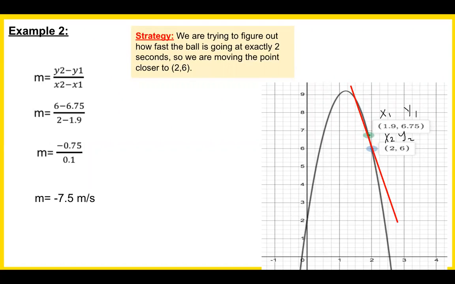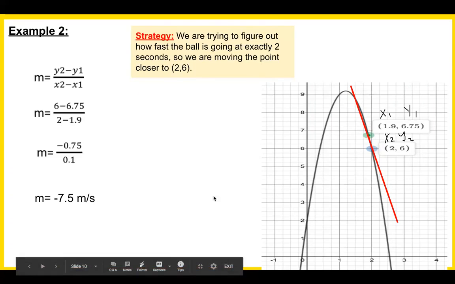Remember previously what we got, I think negative 3. Now we got negative 7.5 when I moved the points closer. So right now we're getting a better estimate of how fast we're actually going at x equals 2 seconds. Notice that we're going faster than between 1 and 2 seconds. So think about that. That's what we got so far.